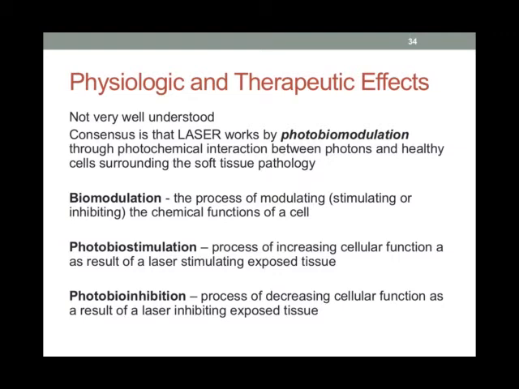And we talk about photobioinhibition. So again, the cell is being either stimulated or inhibited by laser. And in this case, photobioinhibition would be decreasing cell function as a result of the laser inhibiting the exposed tissue.